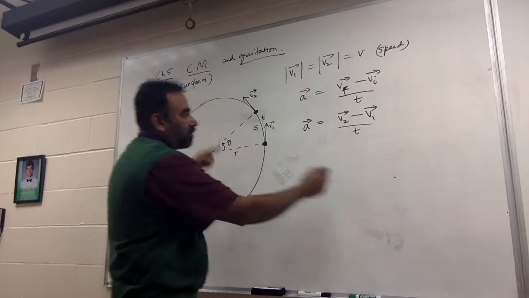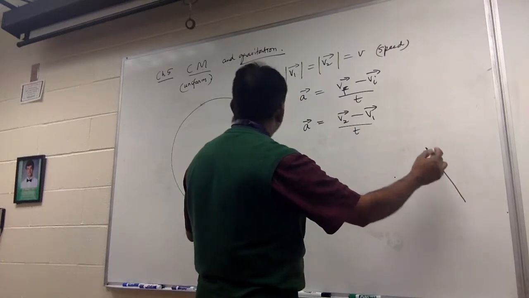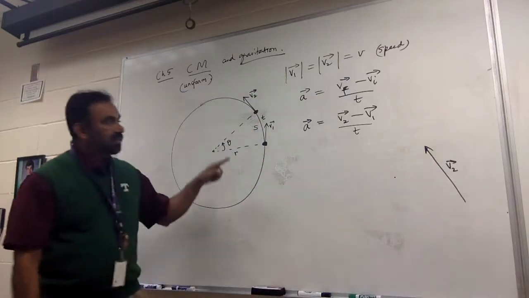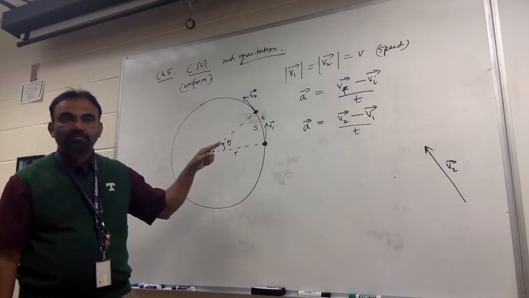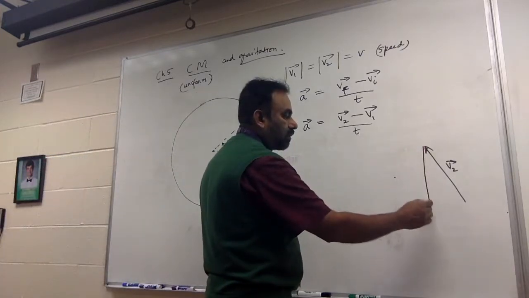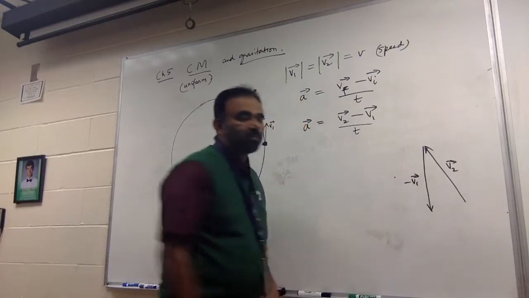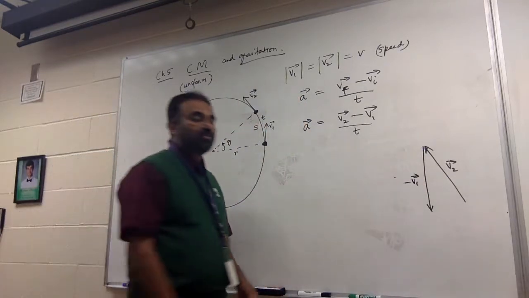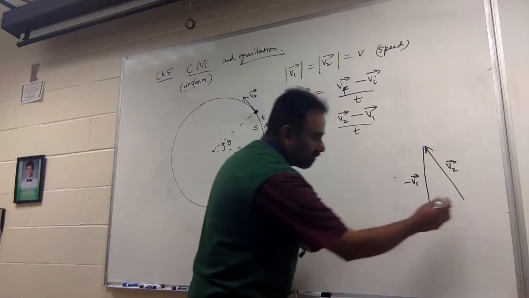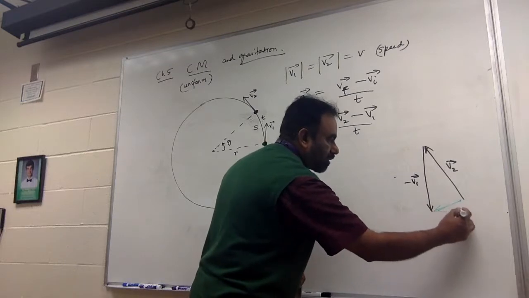And how do you draw it? First draw v2. Here is v2. I'm going to magnify this a bit. So that's v2. And where is negative v1? Downward. And I do it from here. That's negative v1. So where is the resultant? Where is v2 minus v1? That is v2 minus v1.